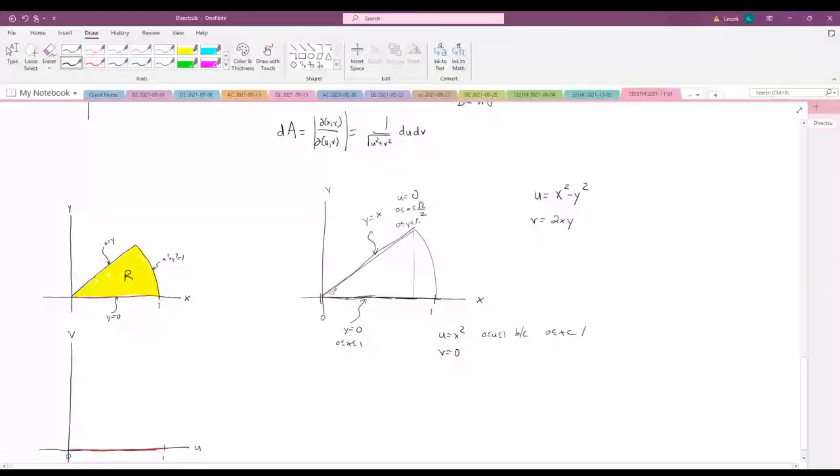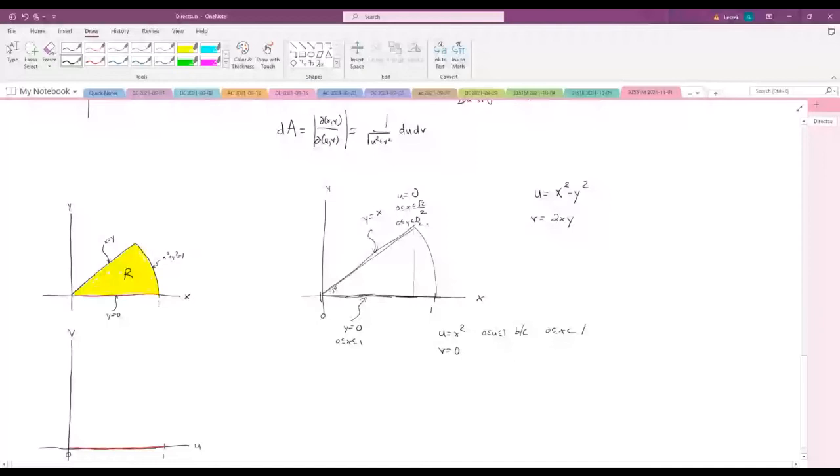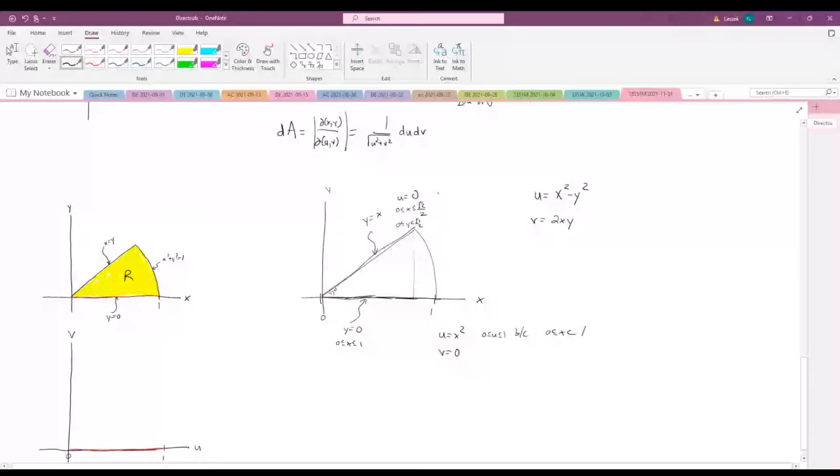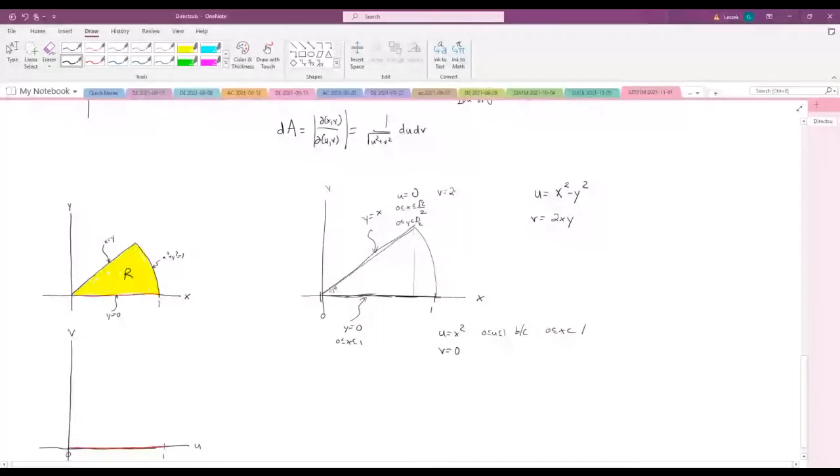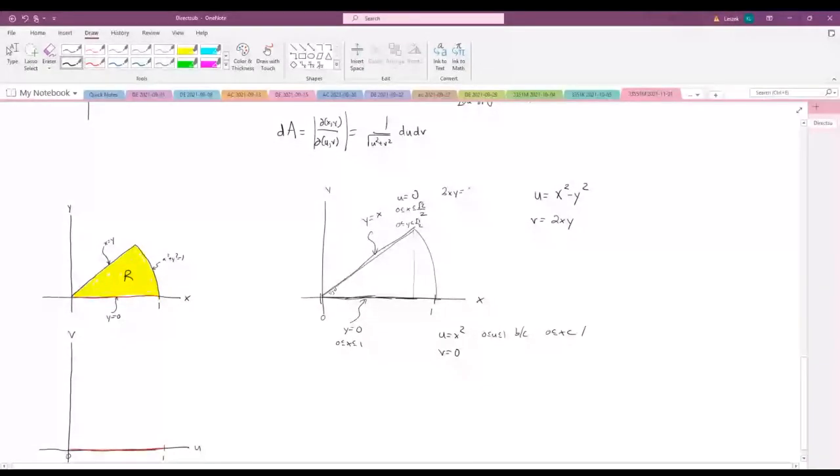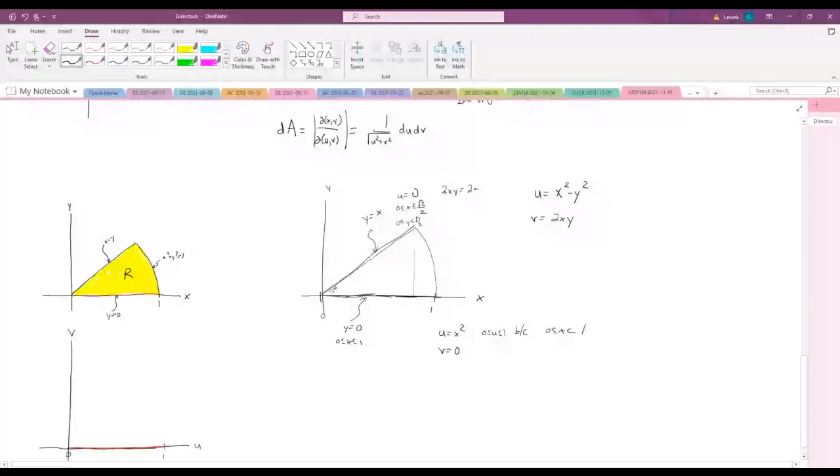Then if you look at 2 times x times y, if you multiply x and y and then also multiply by 2, you would get 2 times half, right? So you get 1.